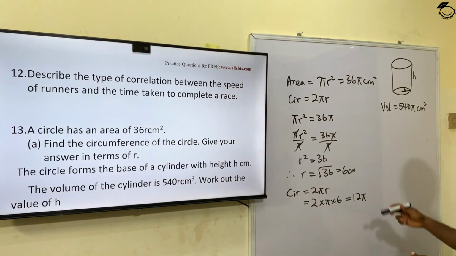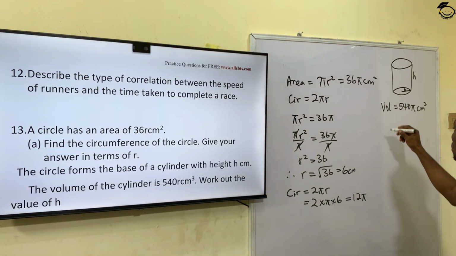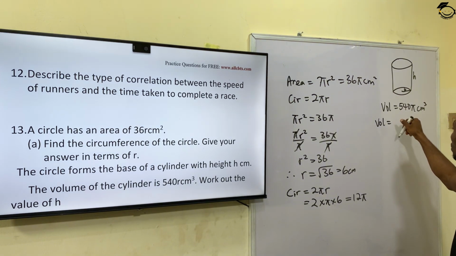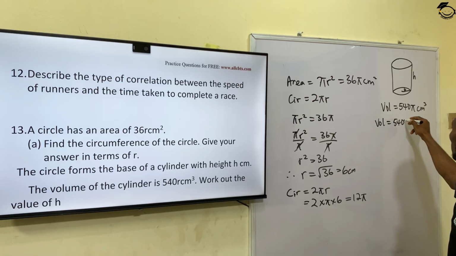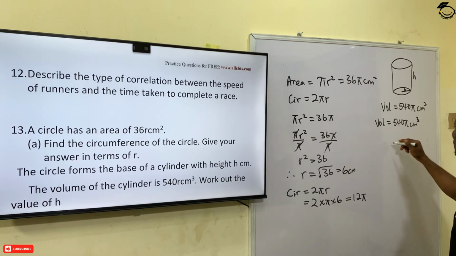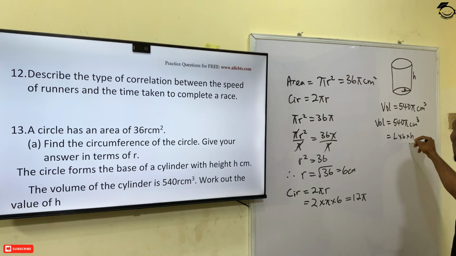Now, for us to work out the height of the cylinder, we know that volume equals 540 pi centimeter cube, and we know that volume equals length times breadth times height, or area times height.